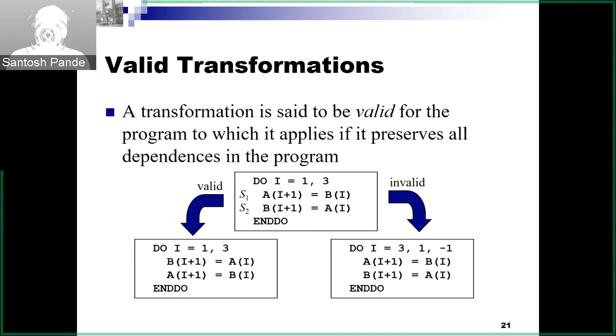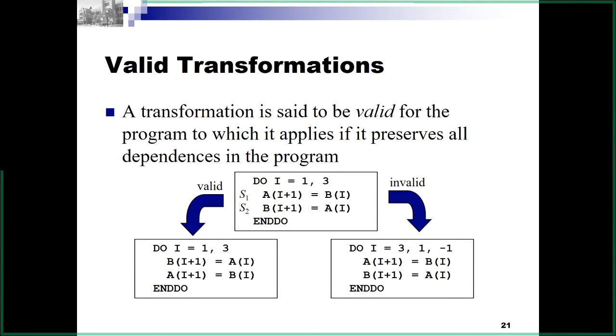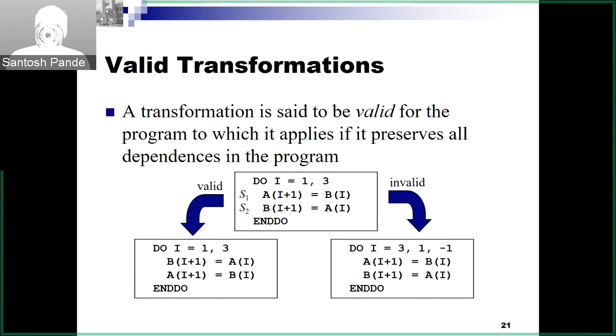So as far as A is concerned, and similarly as far as B is concerned, you can see that in iteration 3, we are reading B3, and in iteration 2, which occurs after, we are writing into B. So the read is occurring before the write, and because of which the dependence is changed from a flow dependence to an anti-dependence, and that violates the program semantics.